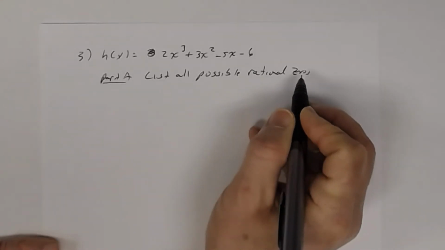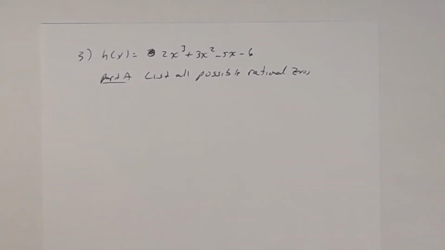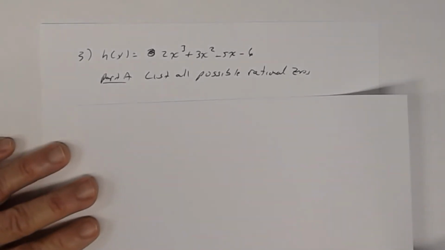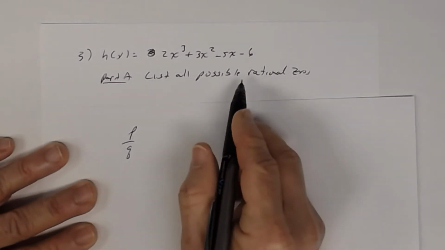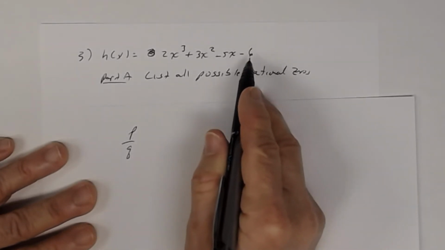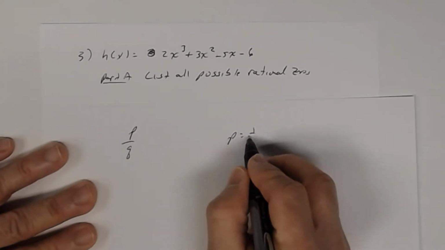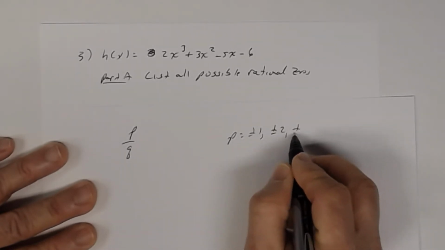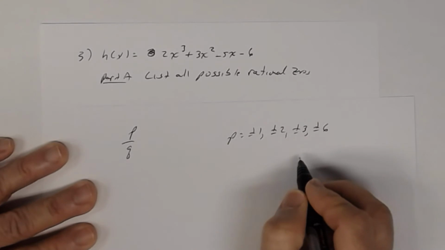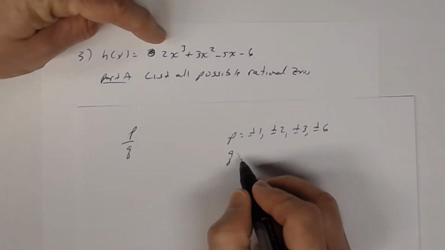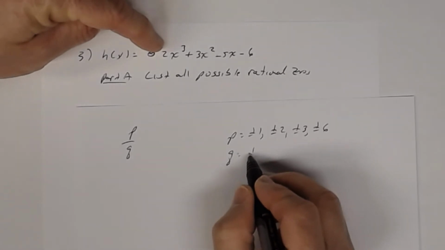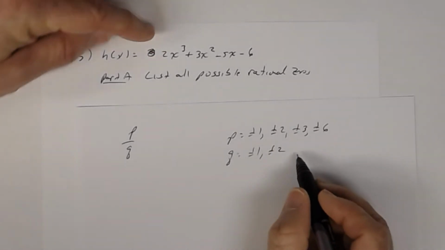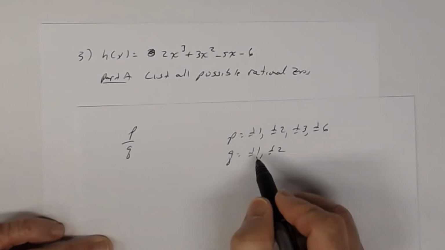All right, now remember how you did this. To list all possible rational zeros, you did p divided by q. Remember, p are the factors of -6, so p would be plus or minus 1, plus or minus 2, plus or minus 3, plus or minus 6. And q are the integer factors of the leading coefficient, which is 2, so plus or minus 1, plus or minus 2. And then all you do is take each of these divided by each of these.